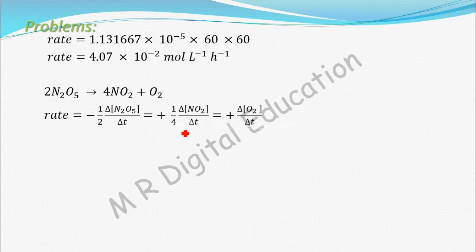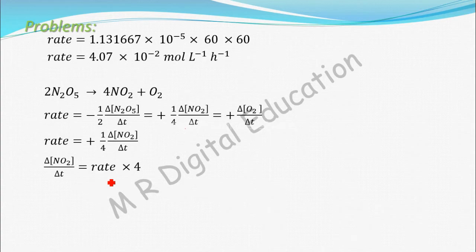To calculate this, just now we have calculated the rate, so equate this rate with this whole term: rate equal to 1 by 4 delta NO2 by delta t. Take this 4 to this side, then delta NO2 by delta t equals rate into 4.